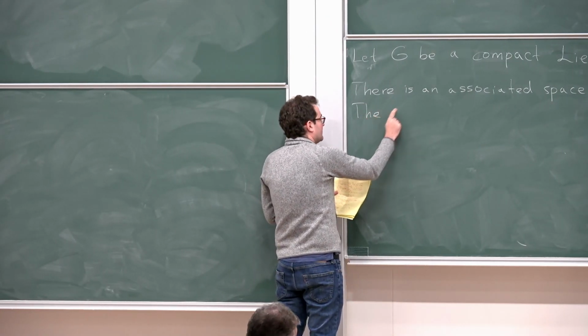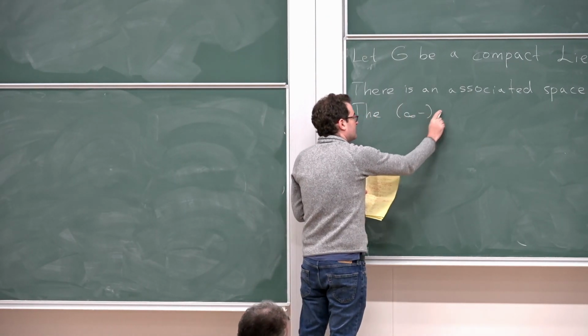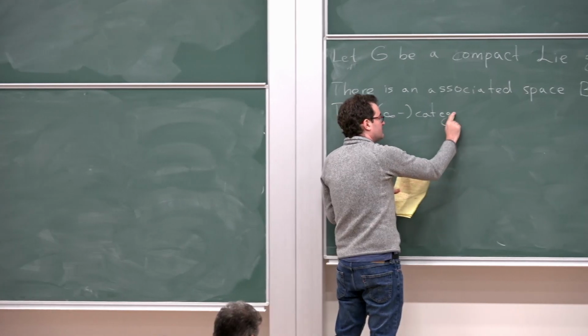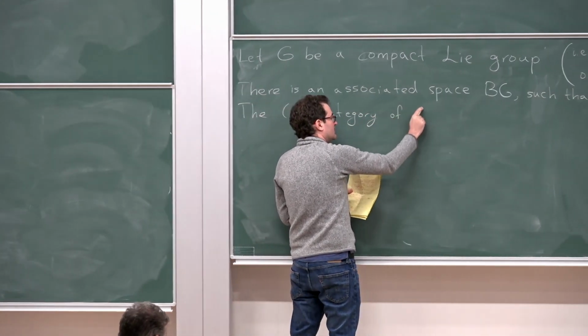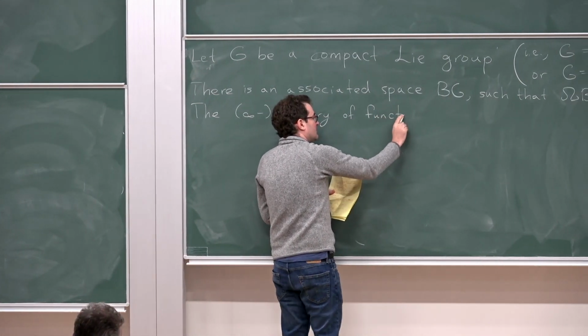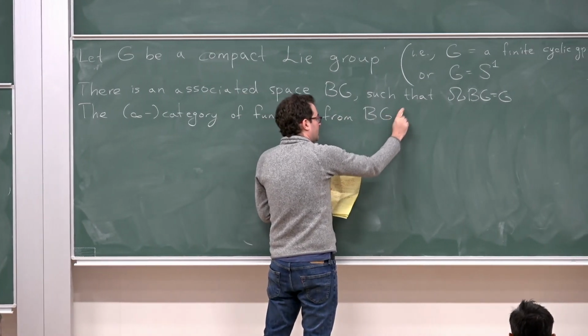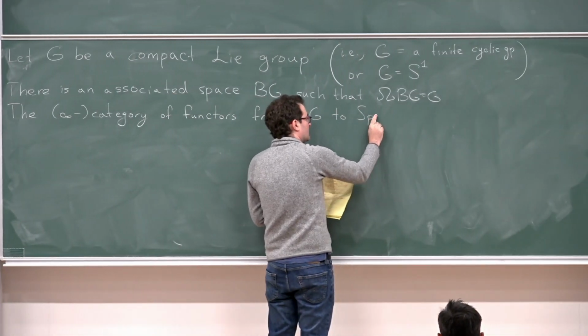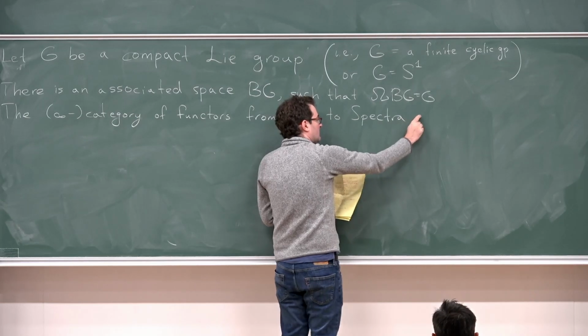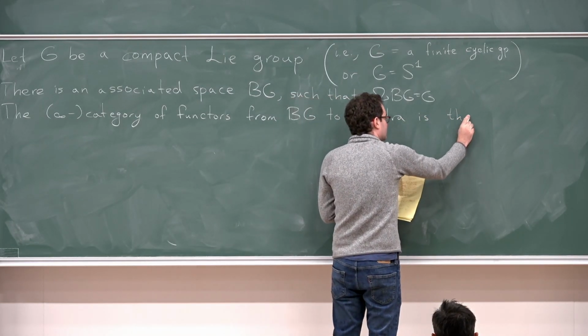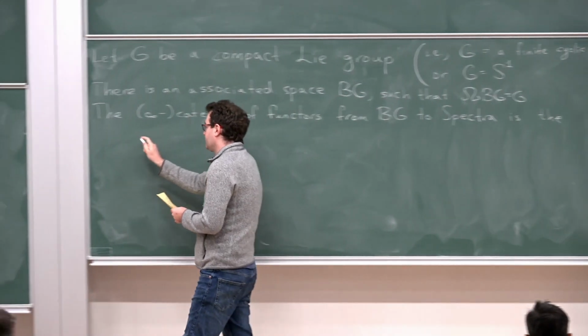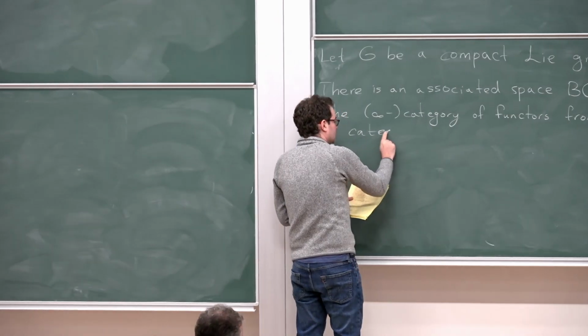And then the infinity category of functors from BG to spectra is sometimes known as the category of spectra with G action.